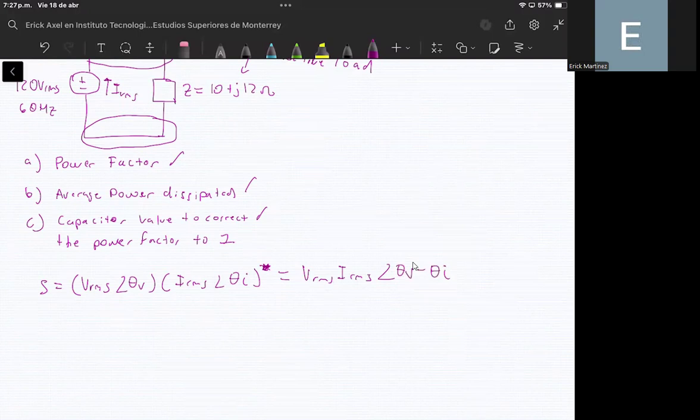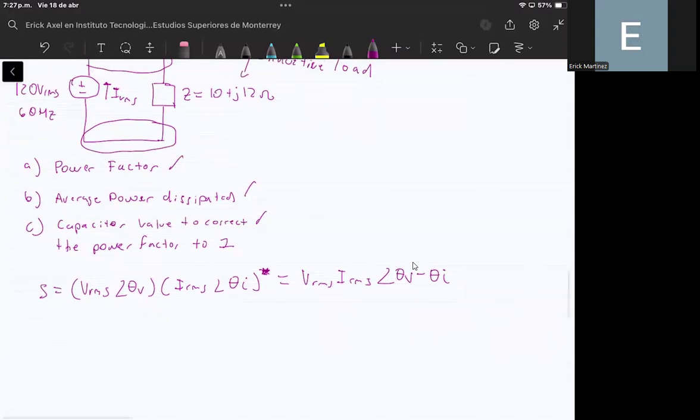The reason for that is that when you are computing the conjugate of a polar complex number, it basically means that you need to change the sign of the phase angle. So that is the reason I am placing this negative sign, because remember that when you are multiplying two complex numbers in polar form, you multiply the magnitudes and add together the angles.